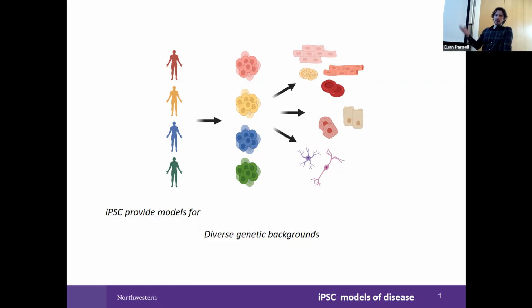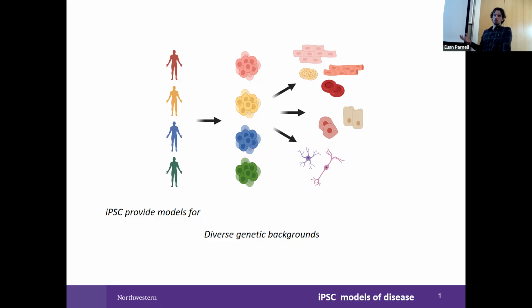And by introducing Yamanaka factors, you can turn these into a pluripotent state. These pluripotent stem cells can then be differentiated into almost any cell type of the body, which gives us an incredible tool to model tissues that we can't get access to and these diverse genetic backgrounds. And so we can model diseases with very heterogeneous backgrounds.